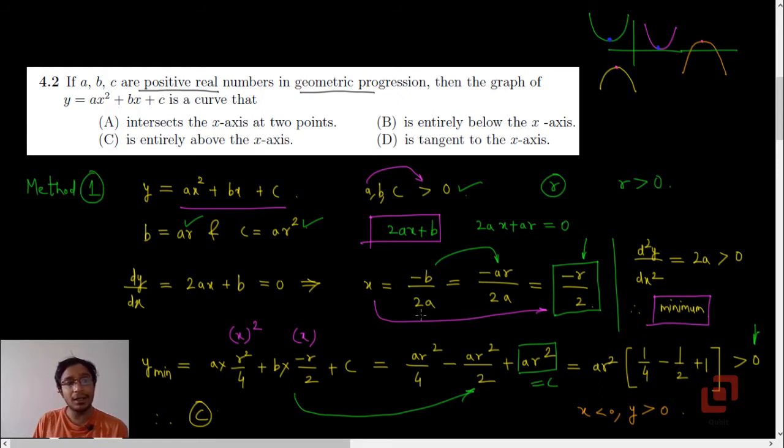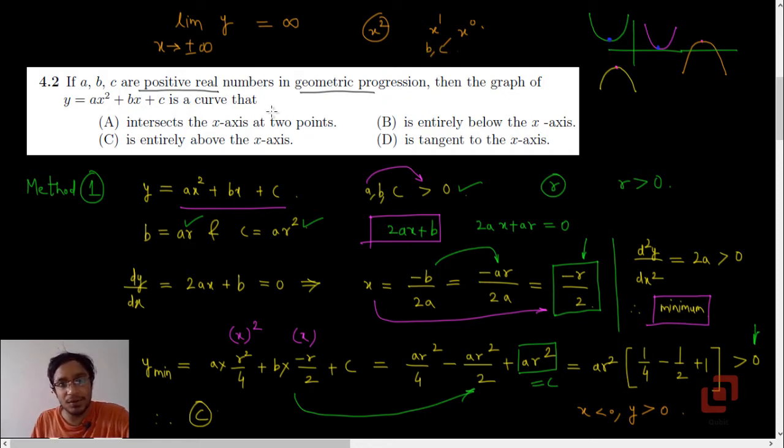Now let us come back to the statement that a is positive. If a is positive, then the limit of y as x tends to plus or minus infinity will be positive infinity, because ultimately the second power is going to dominate over the first power and the 0th power, no matter how large b and c are and how small a is.